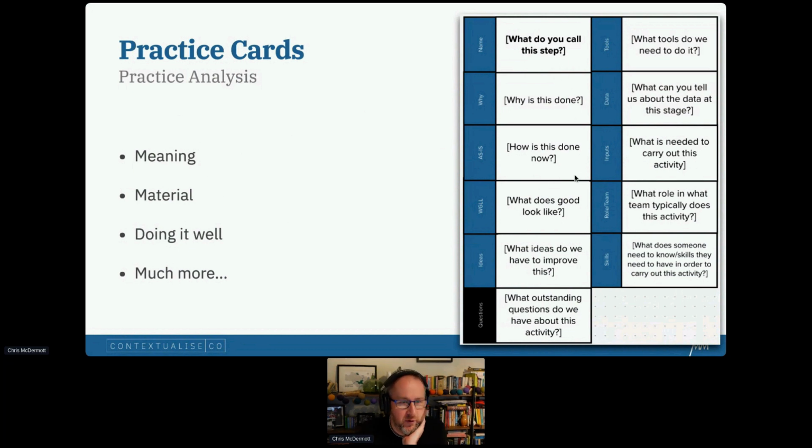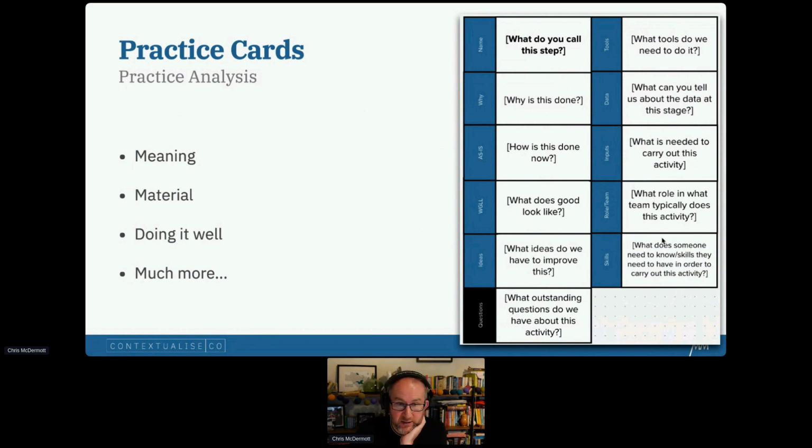And this much more elaborate practice card asks many more questions. So it asks us to think about currently how things are done. We don't normally ask that question. It asks us what data tells us, what do we know about the information, the data we have at a particular stage, and what is needed to carry out the activity, what the inputs are, and then typically who does it.